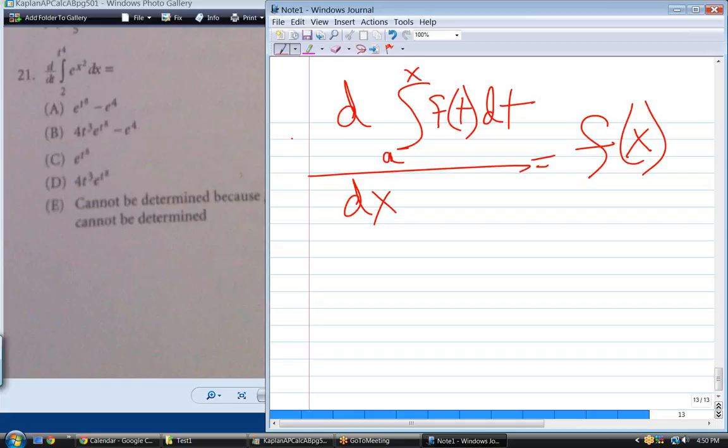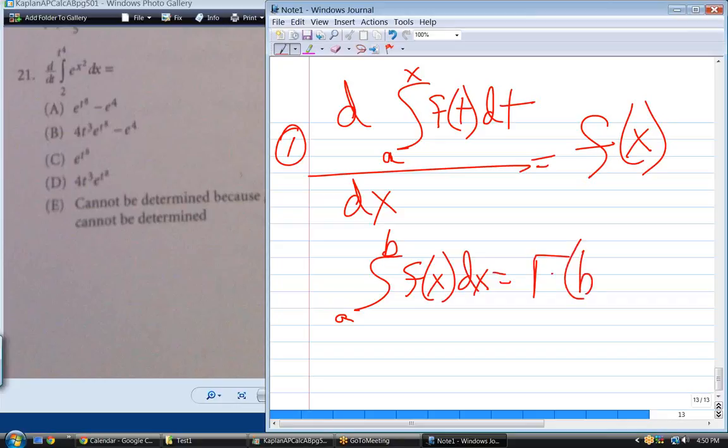Part two is the integral from a to b of f of x dx is equal to the antiderivative of the function evaluated at b minus the antiderivative of the function evaluated at a. Now that looks familiar. Yeah, you knew this.